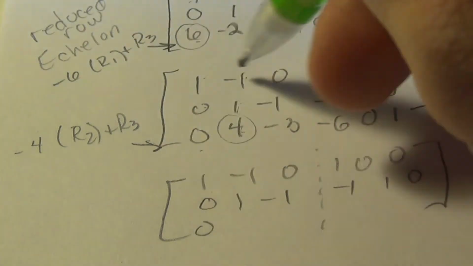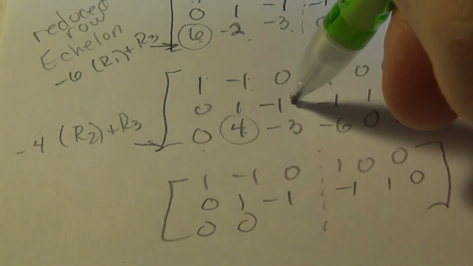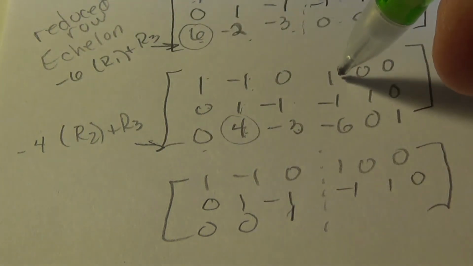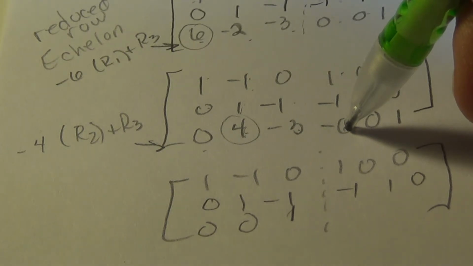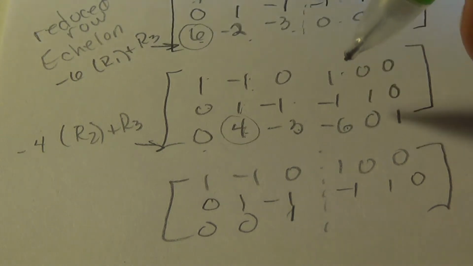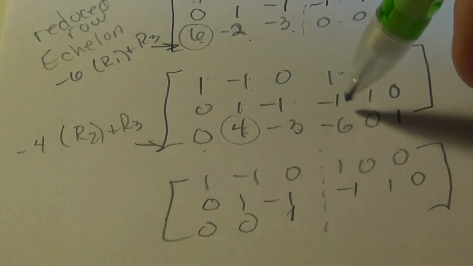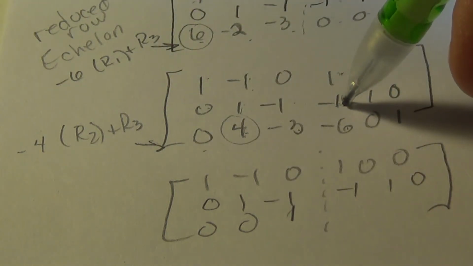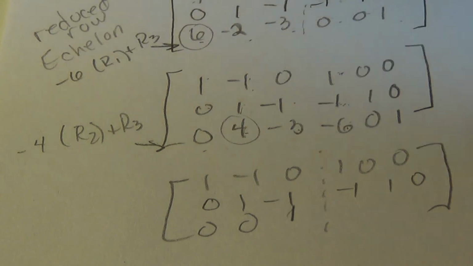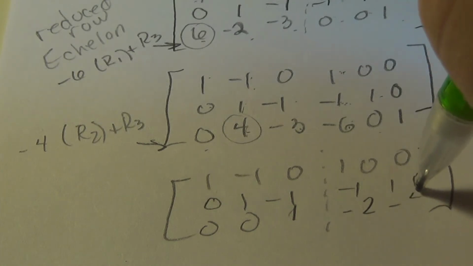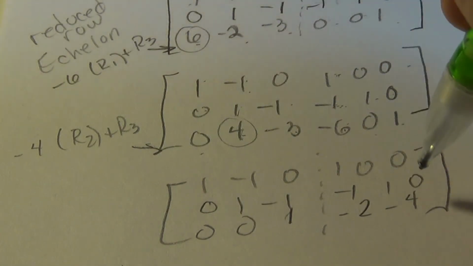Negative 4 times 1 is negative 4, and I got lost. I'm sorry, I'm in row 2. Negative 4 times negative 1 is 4, and a plus a negative 6 is a negative 2. Gives me a negative 4, and that gives me a 1.